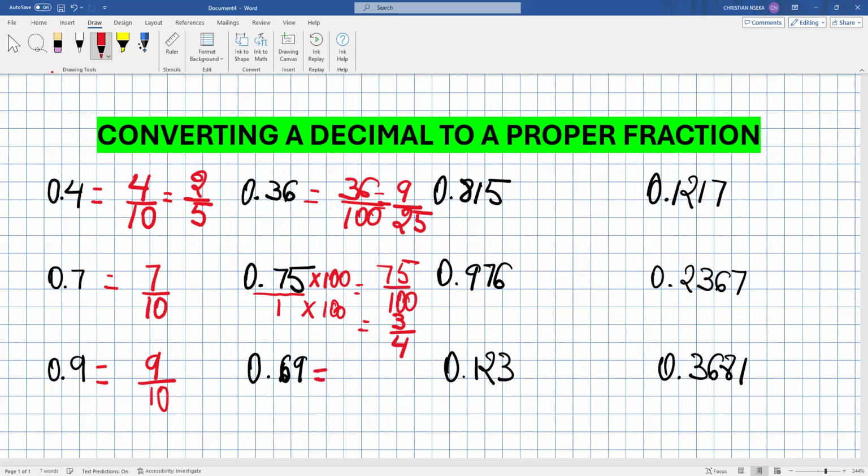As you know, you count here, how many do you have? I put 69, get rid of the decimal point and the 0. How many decimal places do you have? I got 2. Since I have a 2, I'm going to have a 100 over there. Let's do the next one. You count, get rid of the 0 and get rid of the decimal point.